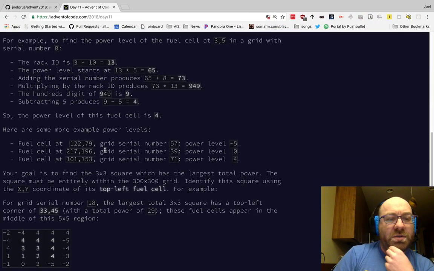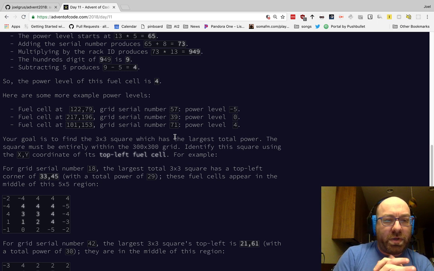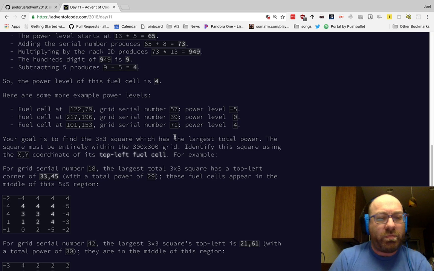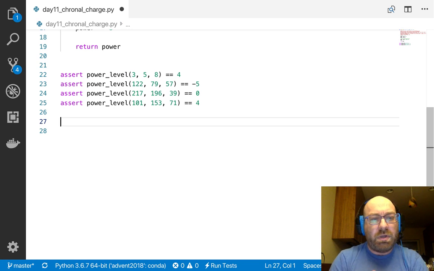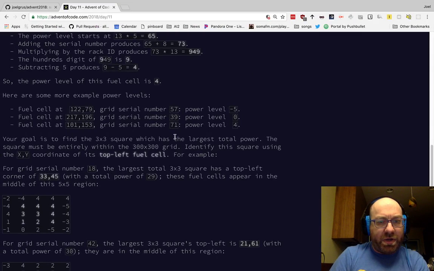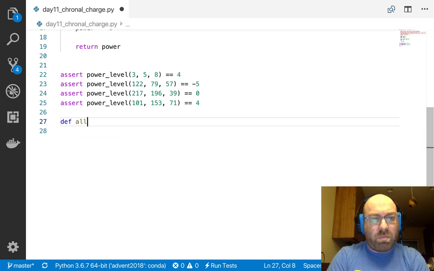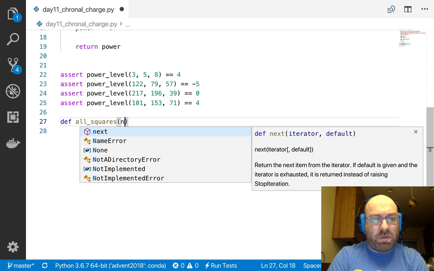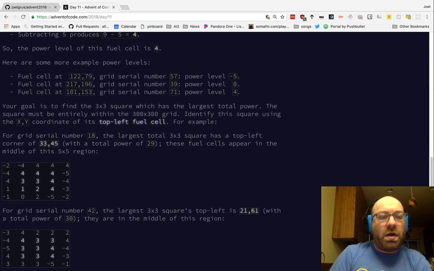So now let's get to the rest of the problem. Your goal is to find the 3 by 3 square which has the largest total power. The square must be entirely within the 300 by 300 grid. And I think we can just brute force this. So let's say all squares, and let's say n int equals 300.